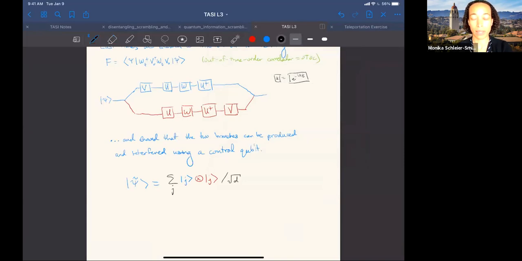So if it's a qubit, the D is just 2, if I just have one qubit.